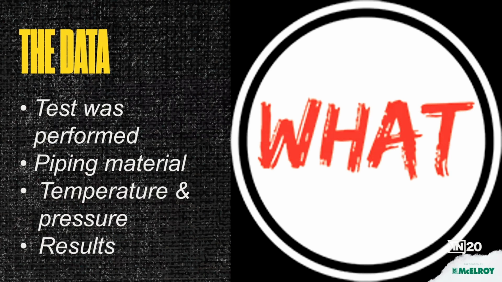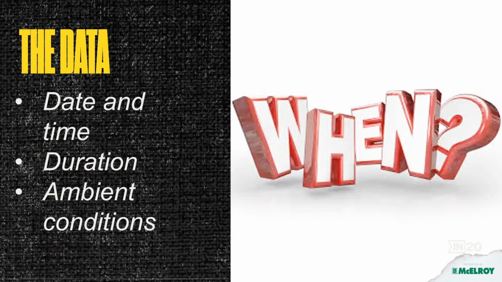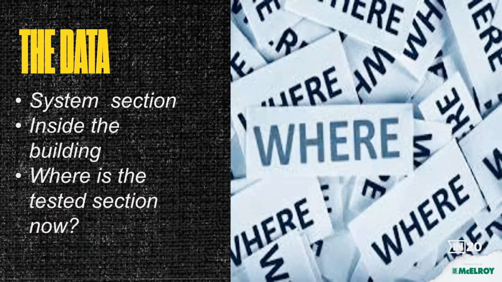What temperature and pressure is that material rated for? And lastly, maybe most importantly, what are the results of that test? And then when? When was the test performed? What was the duration of the test? What were the conditions at the time that test was being done? All important points that we need to capture when documenting a pressure test.